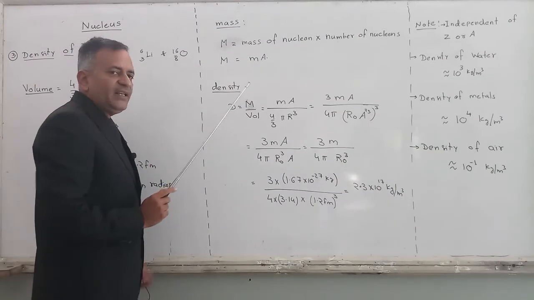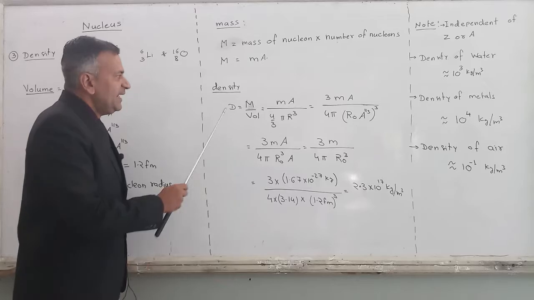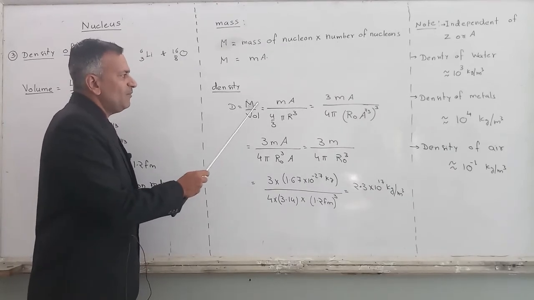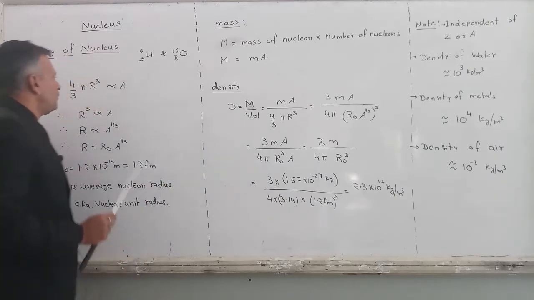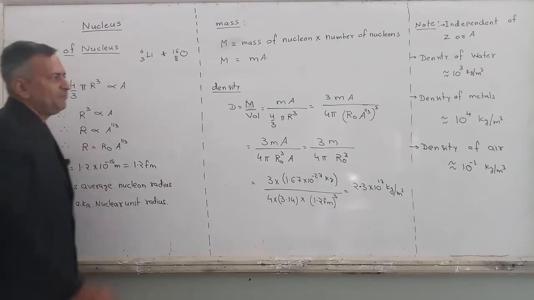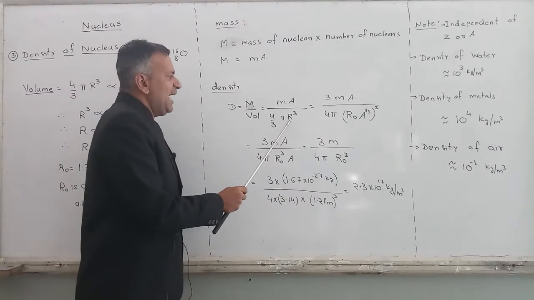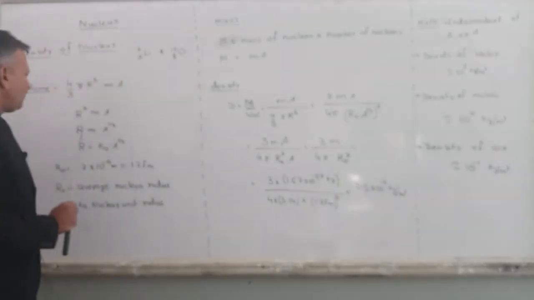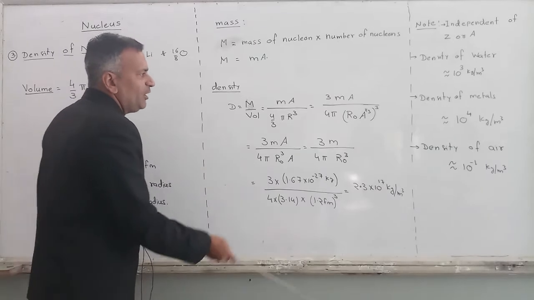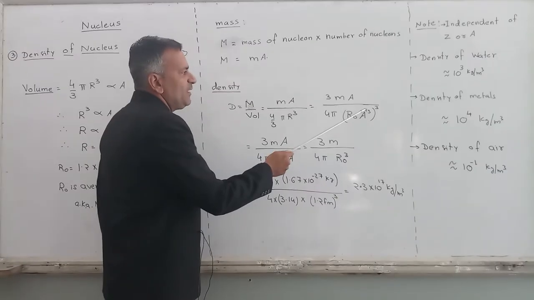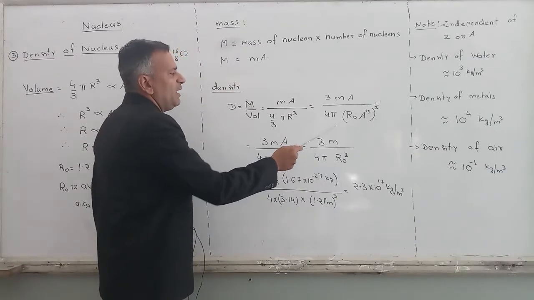Right? Now finally finding the density. Density equals mass over volume. Mass is m into A, volume is 4 by 3 pi r cube, like here. Put the value of R from here into this. What you get is R0 A to the power 1 by 3 whole to the power 3.